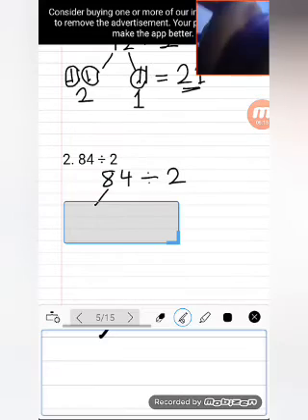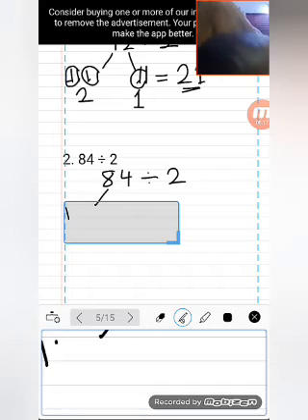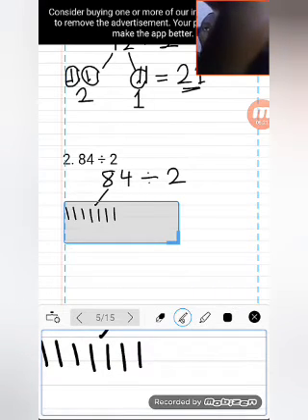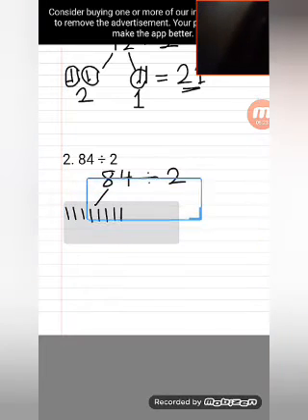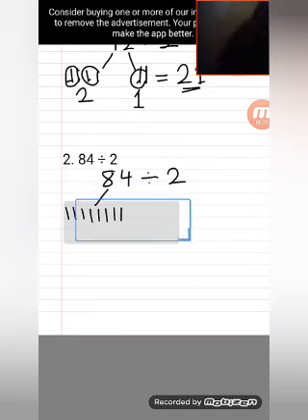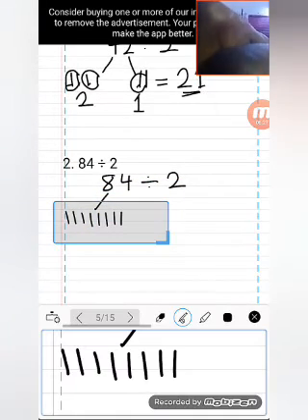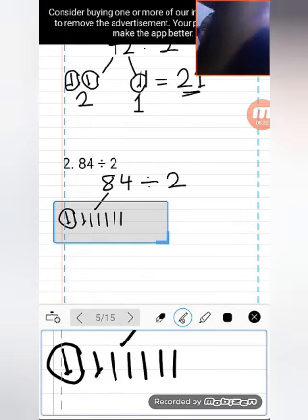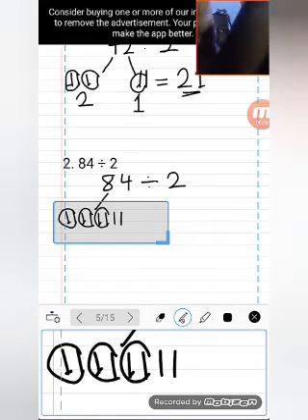Let's count 8: 1, 2, 3, 4, 5, 6, 7, 8. Let's divide the 8 by 2. 1, 2, 3, 4 groups.